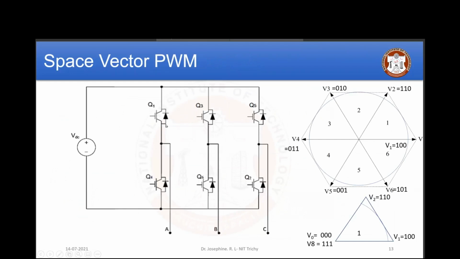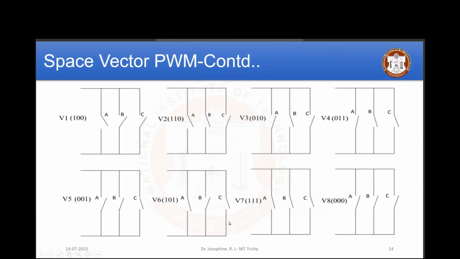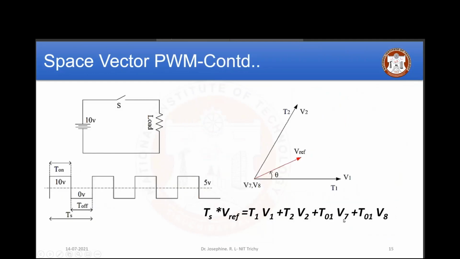This is because if I use only 111 to make 0 voltage value, then some switches are underutilized and others are overstressed. Q1, Q3, Q5 will be overstressed and Q4, Q6, Q2 will be underutilized. So I'm going to use both the states, that means V7 and V8, that means 111 or 000. You can use any of these states. How can we do this?